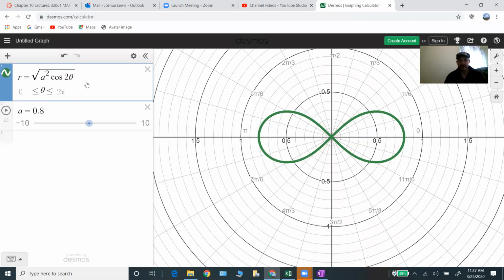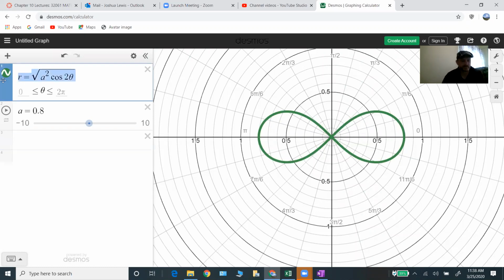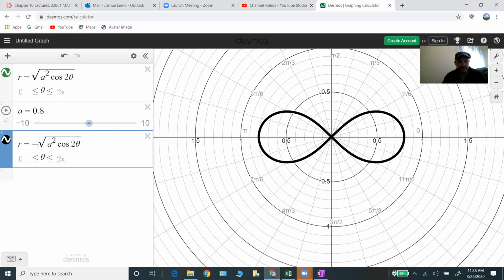And what's interesting, right, is that lemniscates have that r squared equals. And Desmos doesn't let me graph r squared. So, but notice I took a square root. And what I want you to see now is that if I'm solving that, I should get a plus or minus, right? Well, watch what happens if I make this minus. It's the same curve, right? So it's this infinity symbol.